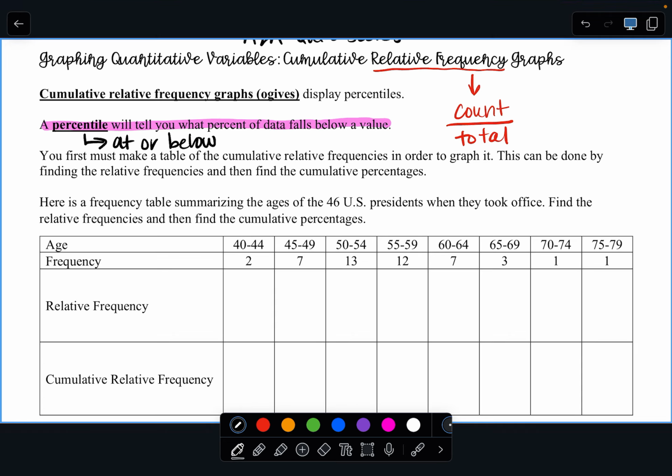When you take the ACTs or the SATs, whatever you take, they give you a report, and generally, I think it says something along the lines of you scored in the 95th percentile for math or whatever. What that means is you scored higher than 95% of the people who took that test.